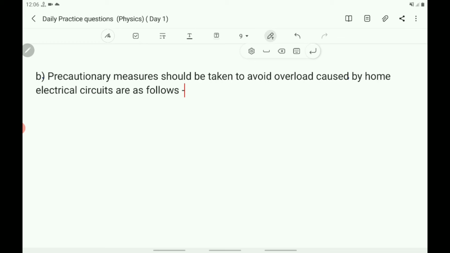Precautionary measures should be taken to avoid overload caused by home electrical circuits are as follows.